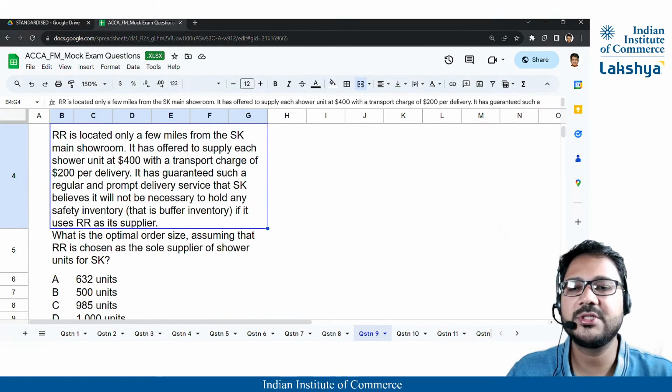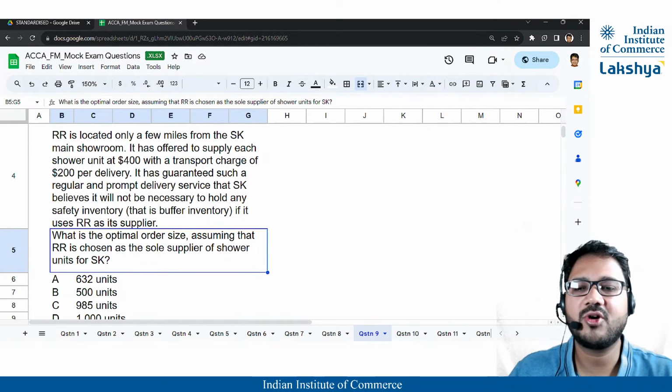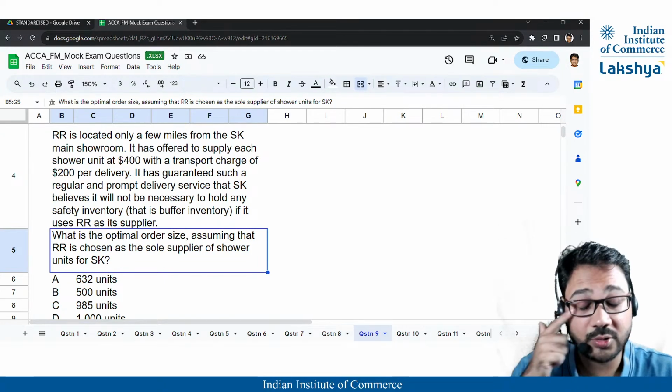What is the optimal order size, assuming that RR is chosen as the sole supplier of SHA units for SK company? Now, optimal order size has to do with EOQ, economic order quantity.